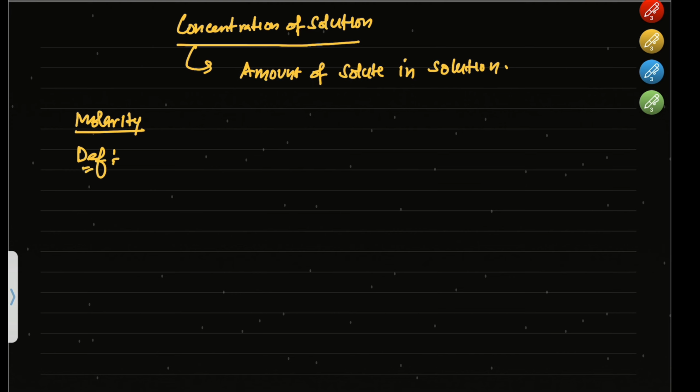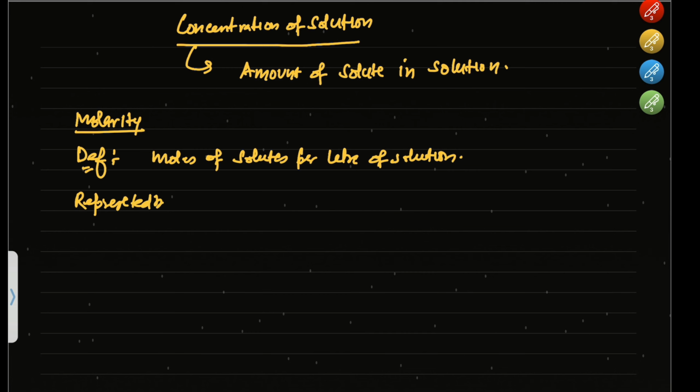Definition: moles of solute per liter of solution. पर लीटर सॉल्यूशन में जो मोल्स होते हैं उनको मोलैरिटी कहते हैं. It is represented by capital M.